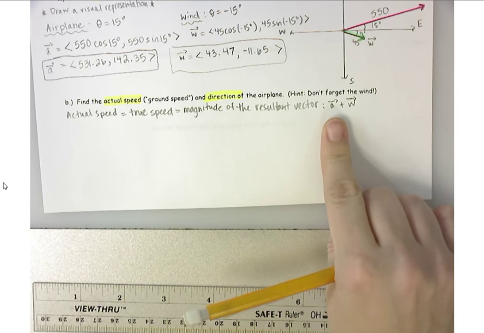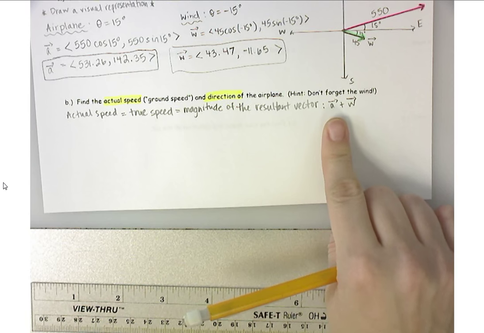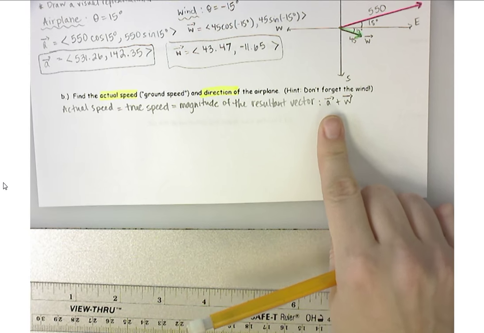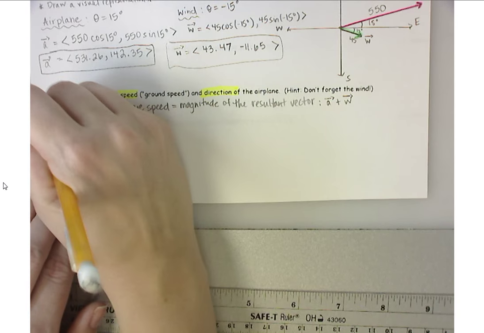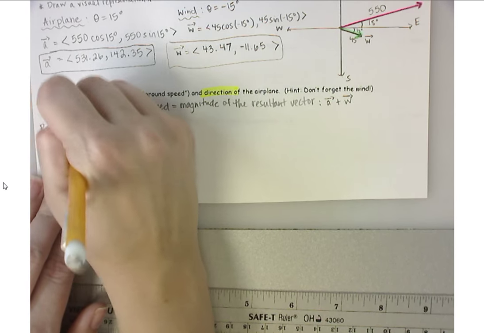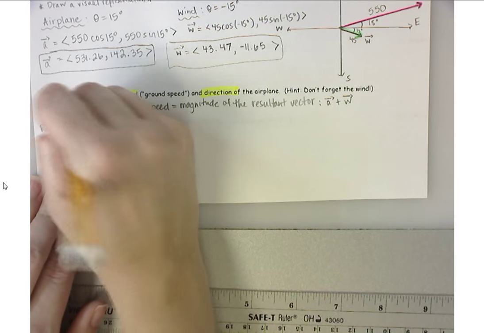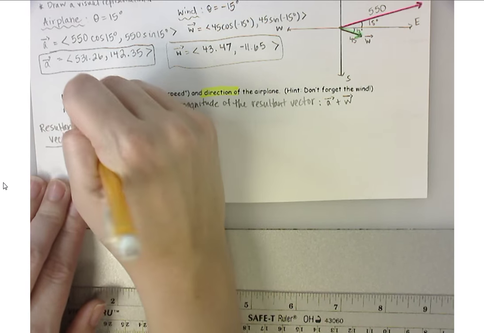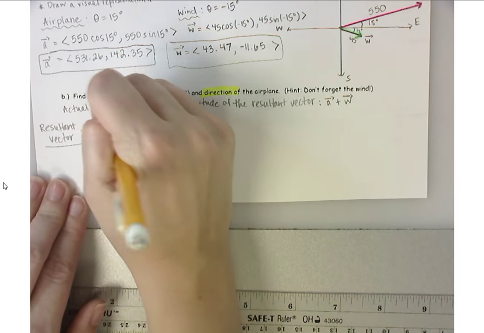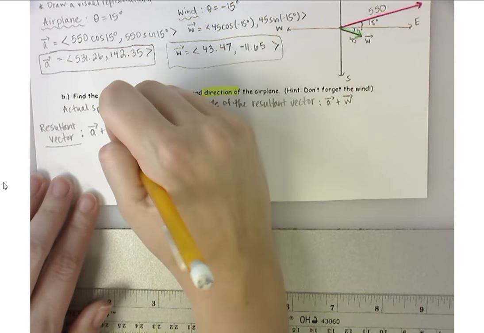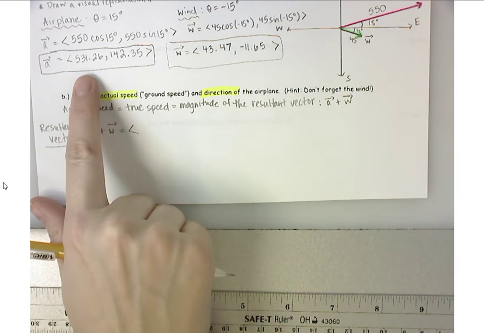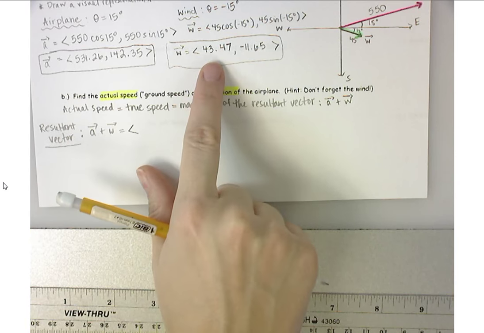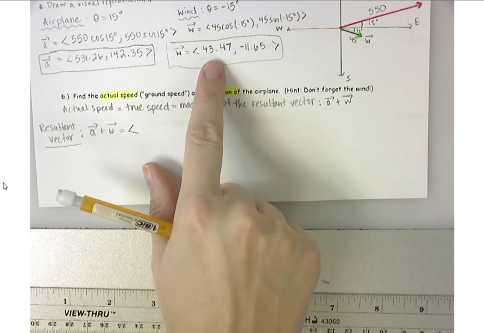So you're finding the magnitude of the resultant vector of A plus W. For your resultant vector, you are going to be adding together the horizontal component to the wind horizontal component.